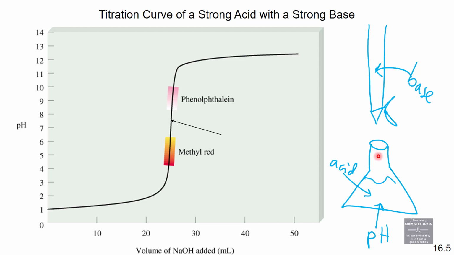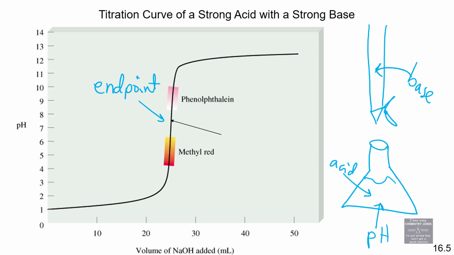So you will be able to look at a titration curve and know, oh, that's an acid being titrated by a base because it starts at low pH and ends at high pH. Furthermore, this midpoint where you go up this steep slope, this midpoint is the actual equivalence point, the end point.